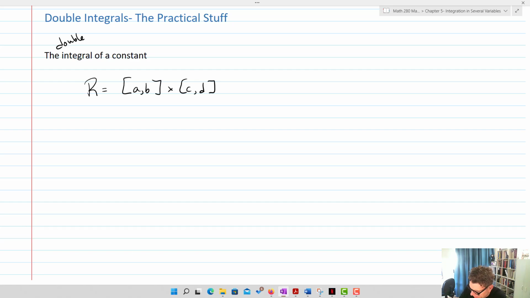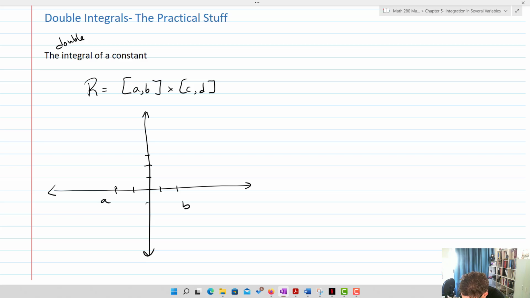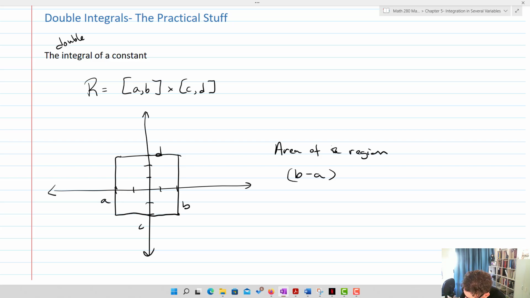Basically, if we think about that, we're on the XY axis, okay? Let's say that this is A to B, and this is then C to D. So what we end up getting is a region, and the area of the region is going to be B minus A times D minus C. If you think about it, that's just like its length times its width.